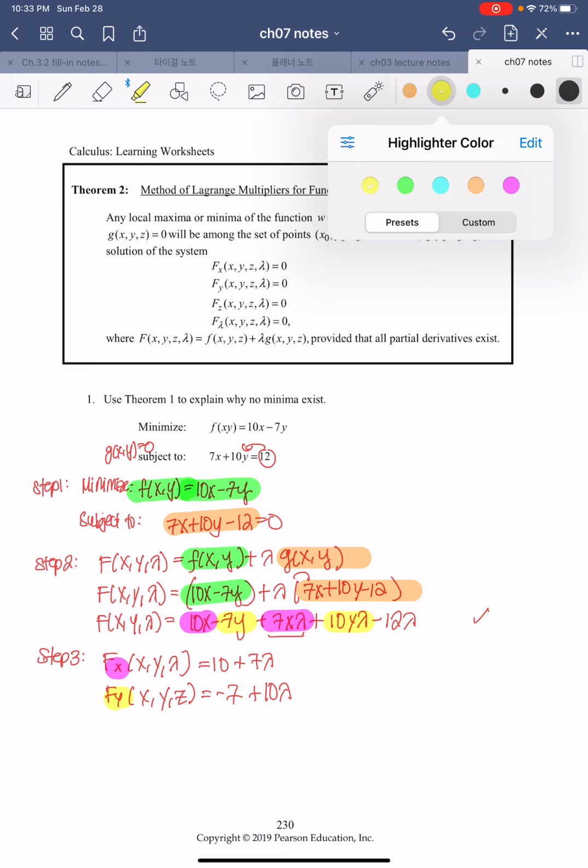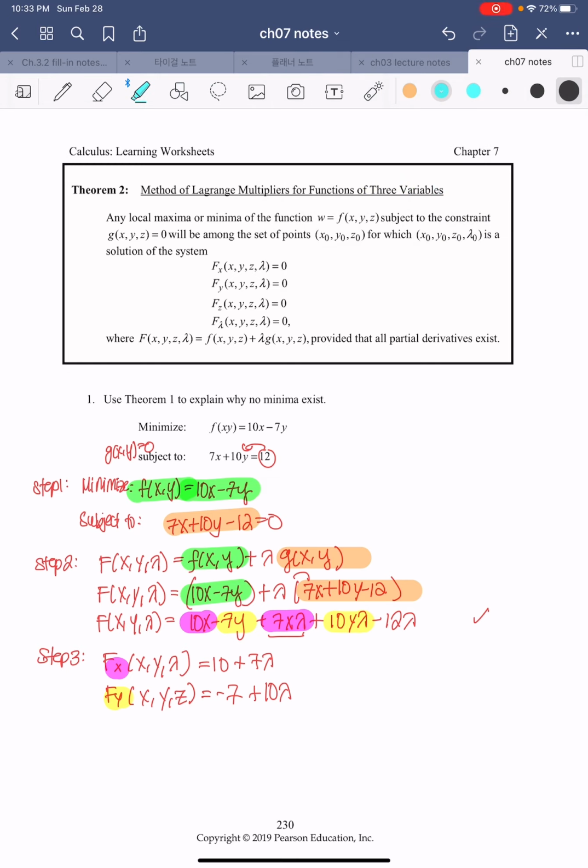Last one, I'm going to have a lambda. Lambda will be my variable, and then x and y will be constant. Oops, I think I made a mistake. This is not a z, it should be lambda.